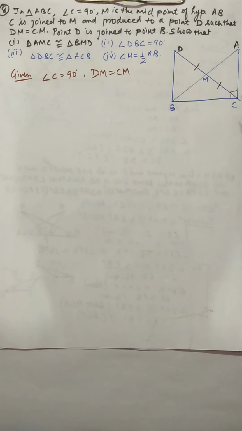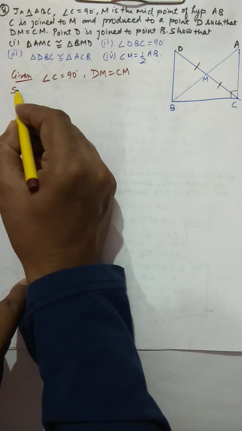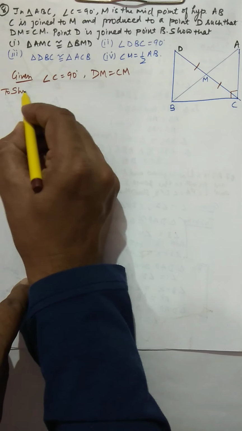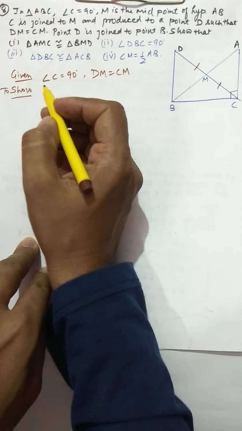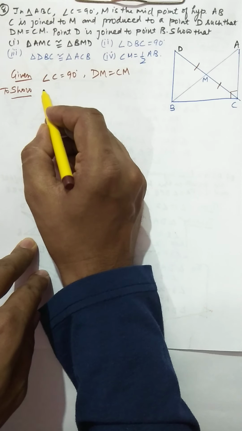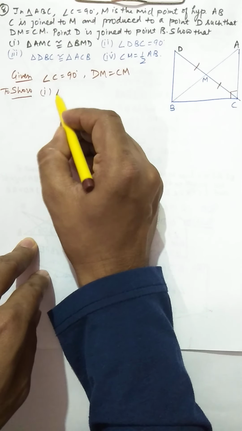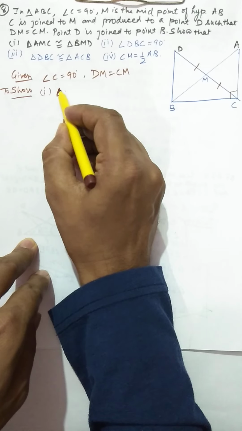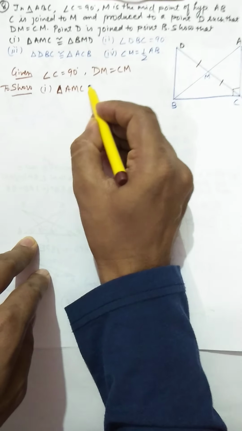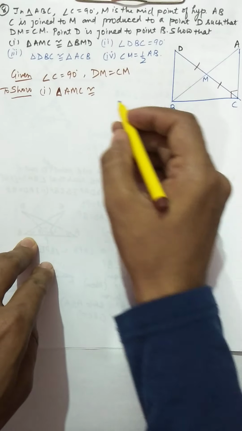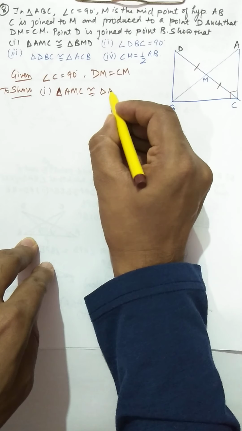And last we have to show CM equal to 1/2 of AB. So we write all the parts. First, triangle AMC is congruent to triangle BMD.